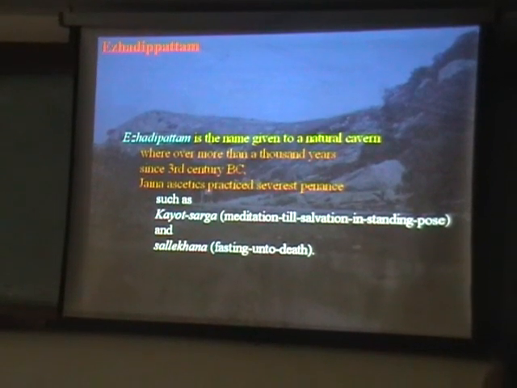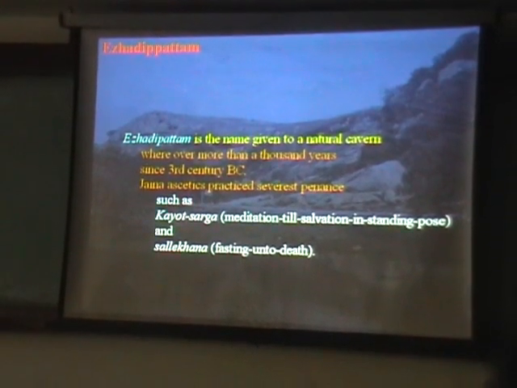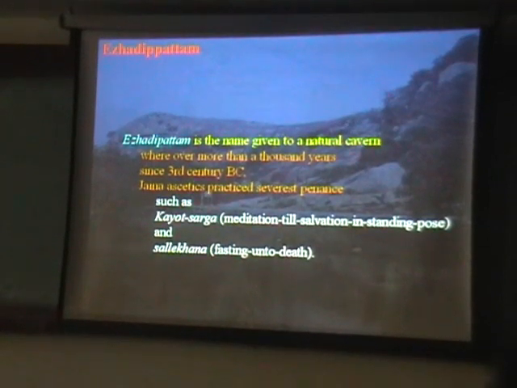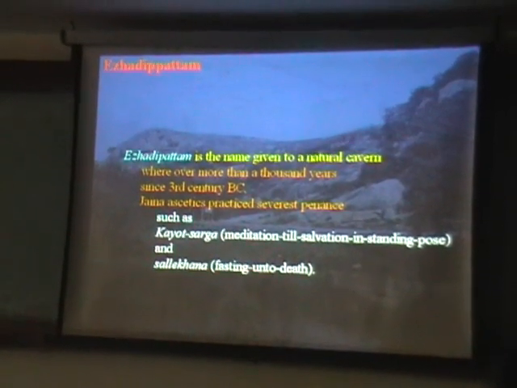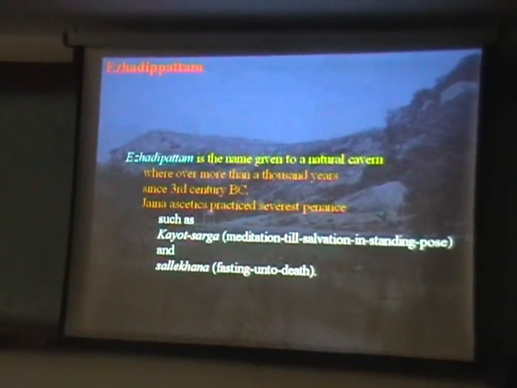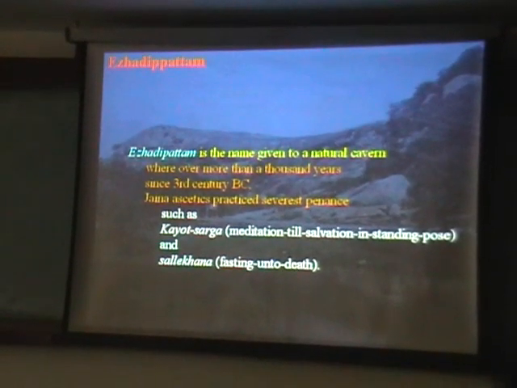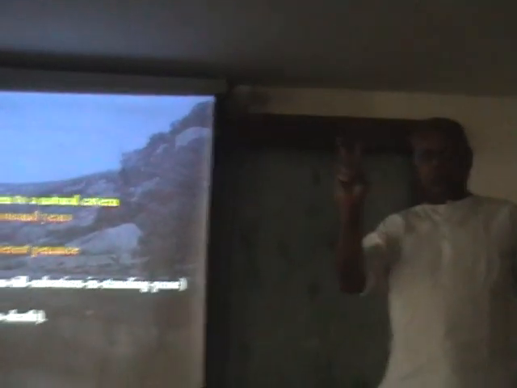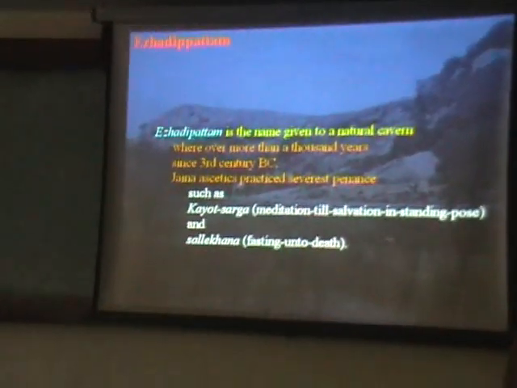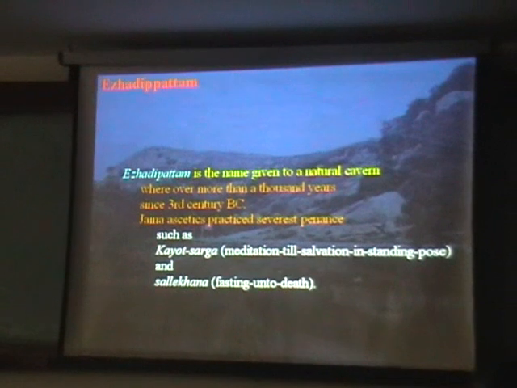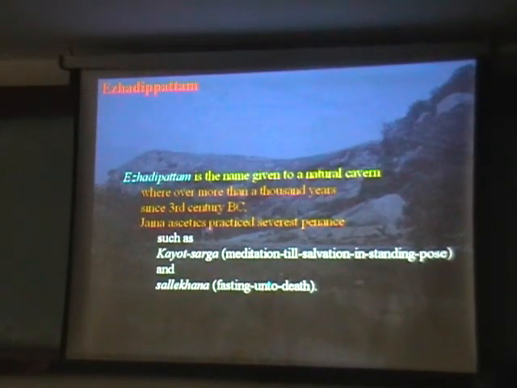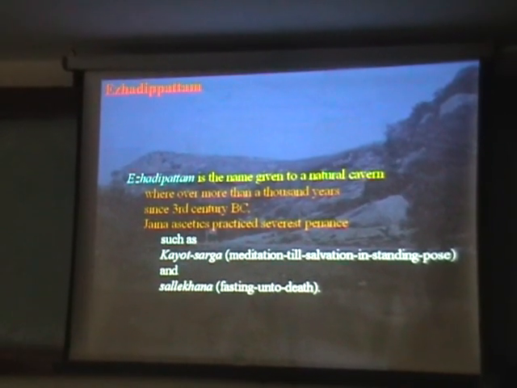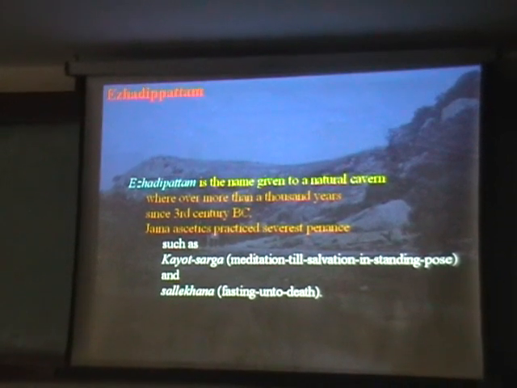And almost at the same time in Tamil Nadu, there are hundreds of places where Jain ascetics lived and did penance. And there you have the Tamil inscription. In the whole country, in the 2nd century BC, there were only 2 languages which were written down. Prakrit dialects and Tamil. No other language. Sanskrit was written only after the 2nd or 3rd century AD.